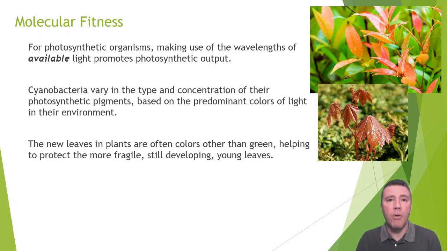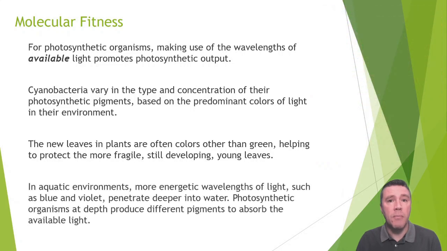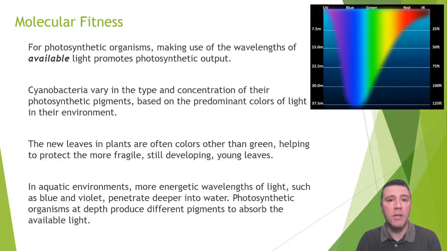Because light is comprised of different wavelengths with different energies, some are able to penetrate water more deeply than others. Lower energy wavelengths, like those on the red and orange side of the spectrum, don't travel as deeply as the higher energy blue and purple ones do.